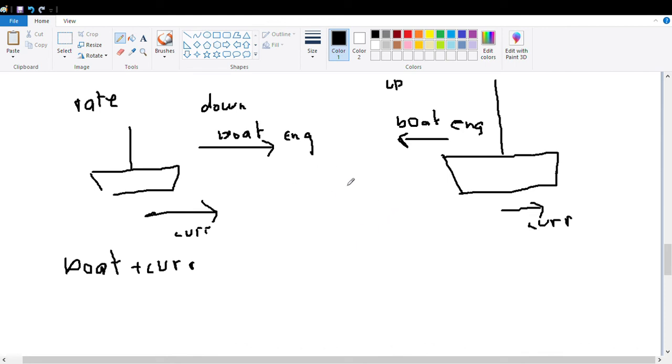Now, when you're going upstream, the rate is boat. And is the current helping us or not helping us? It's not helping us. In fact, it's pulling us the opposite way. So that means instead of adding the current speed to our boat speed, it's subtracting current speed.